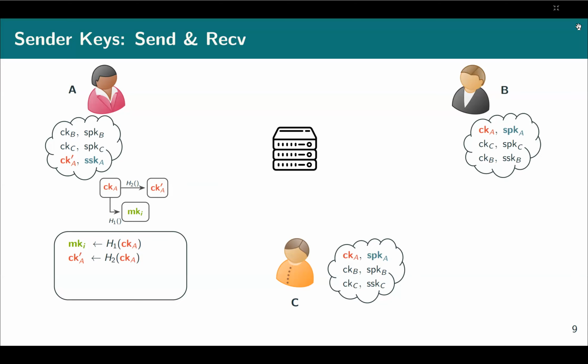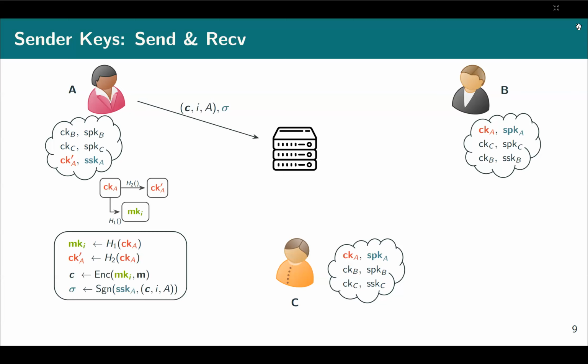Now she will immediately delete the old chain key CK. She will only keep CK prime. Why is this done? Because if an adversary now comes and compromises Alice, then this adversary will learn CK prime, but there is no way for the adversary to go back to CK. So CK was secure. And this is actually a nice way to achieve forward security, which is why it is now standard as well, and it works pretty well.